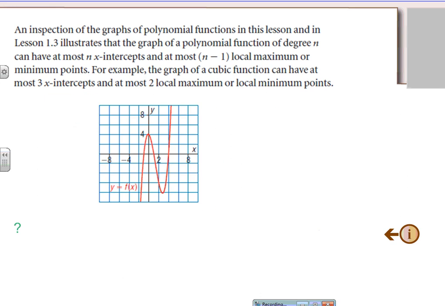So if we start looking at the graphs, a graph's degree: if it's x squared, it can have at most 2 zeros or x-intercepts. A cubic can have at most 3.